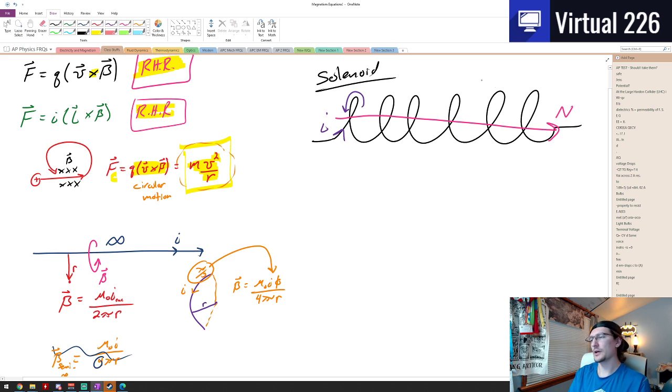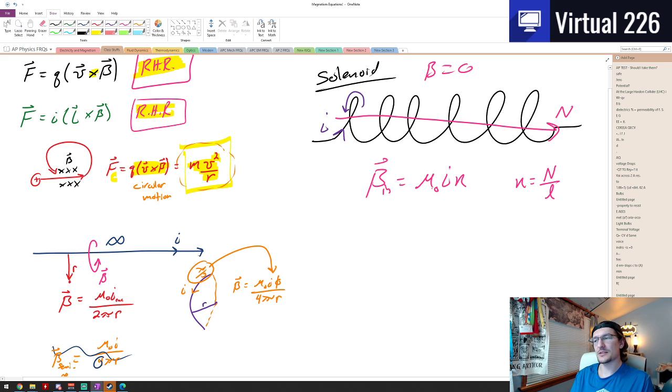So that is north. Remember, the B field outside of a solenoid is 0. On the inside of a solenoid, the B field is equal to mu naught I n, where that little n is the turn density. Remember, little n equals the number of turns per unit length.